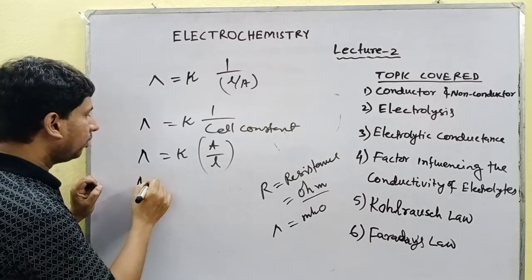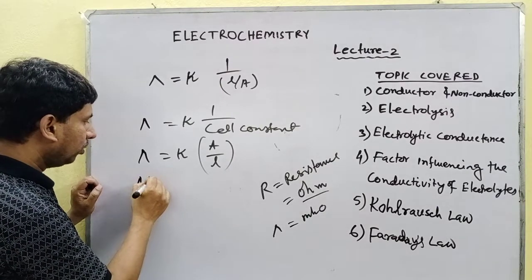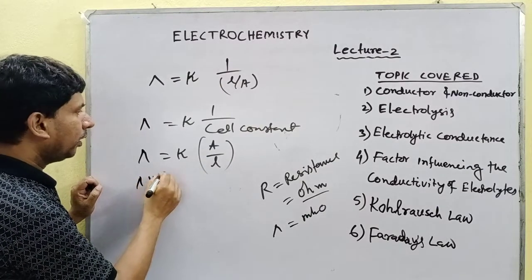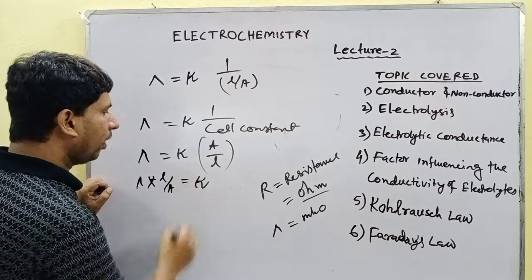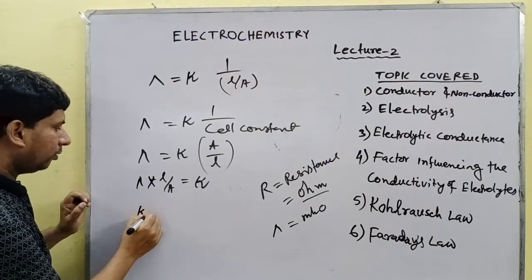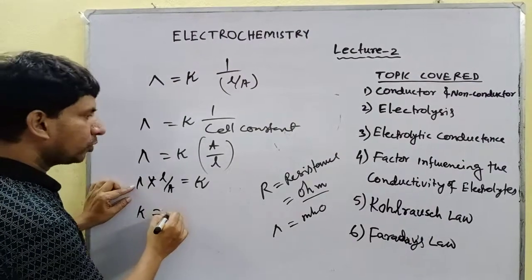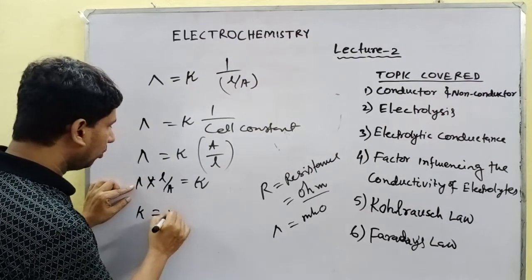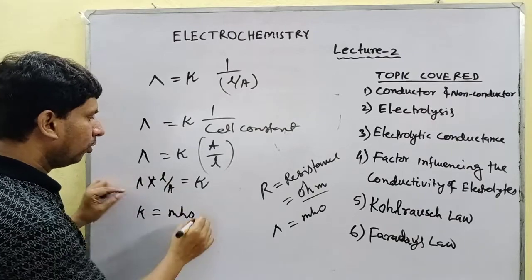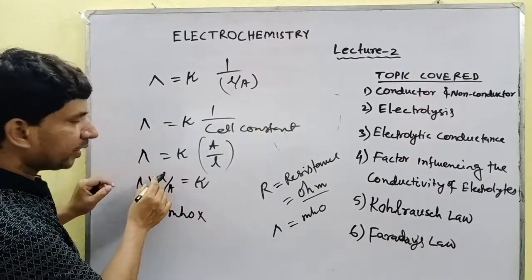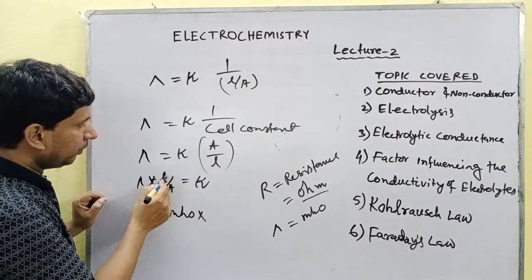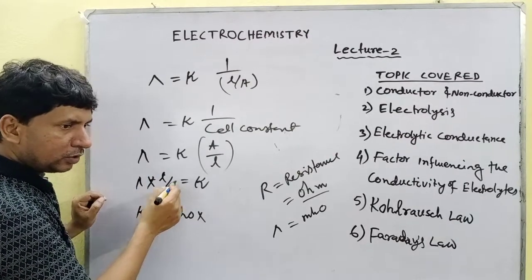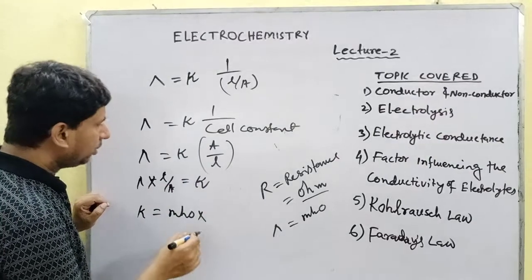So lambda into L by A equals kappa. So kappa equals ohms inverse, this is mho, into centimeter over centimeter square. So in centimeter square, 1 centimeter is cancelled out, then what happened?